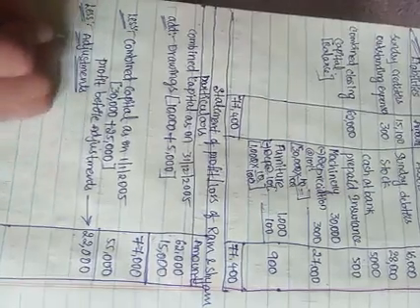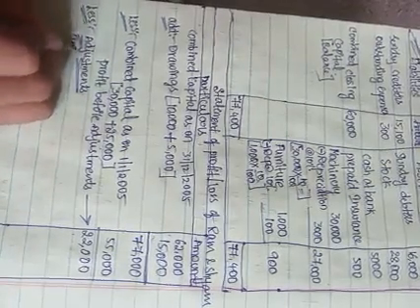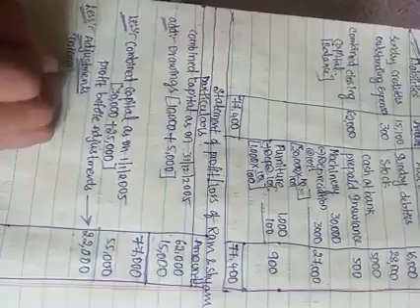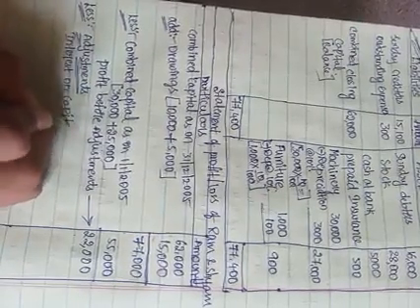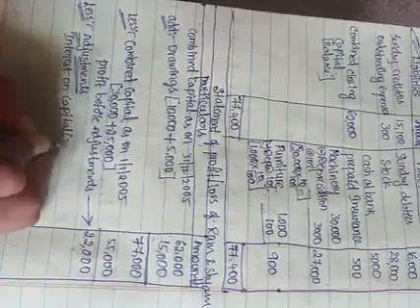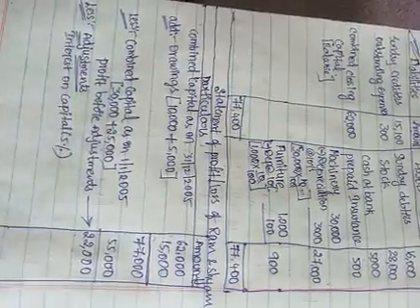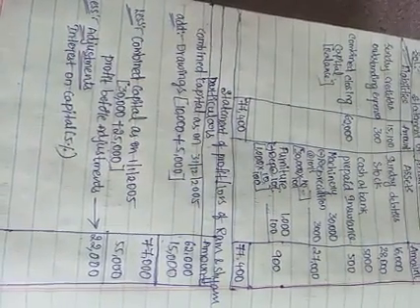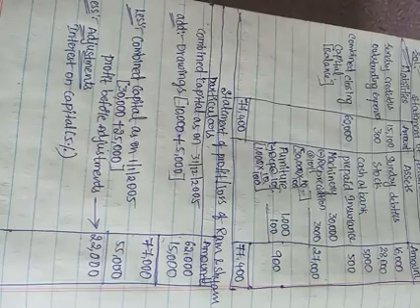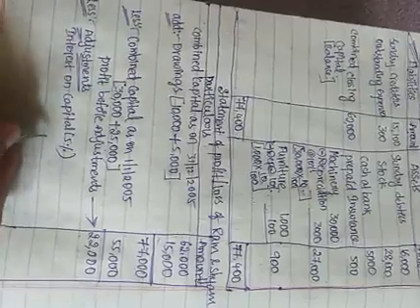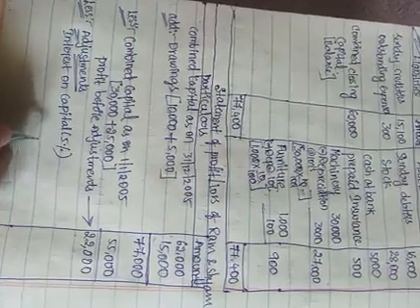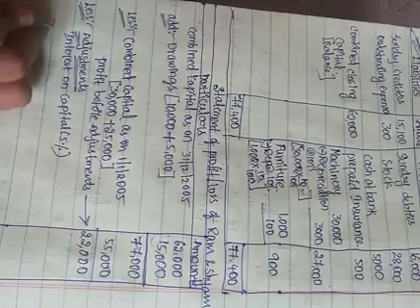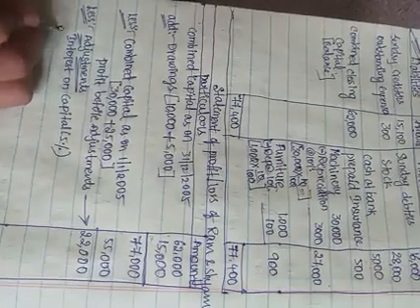Adjustment is interest on capital. Interest on capital, how much percentage? Is 5%. Okay, and the opening capital, interest on capital is 5%. So that is Ram's capital.